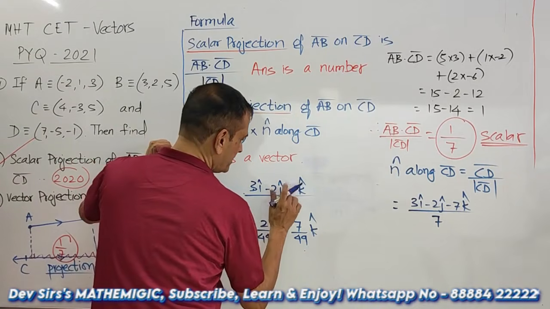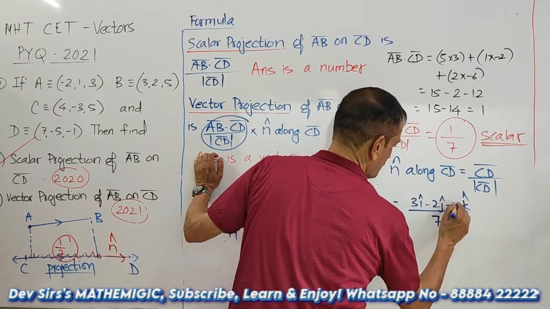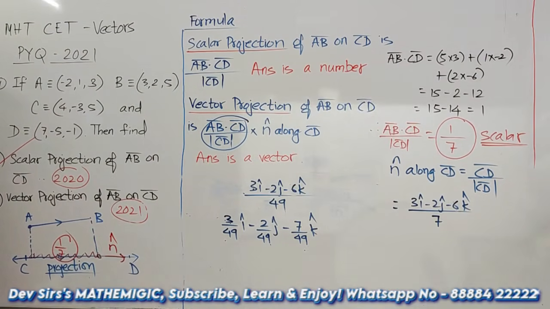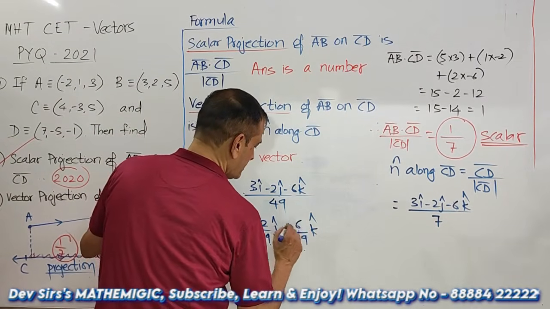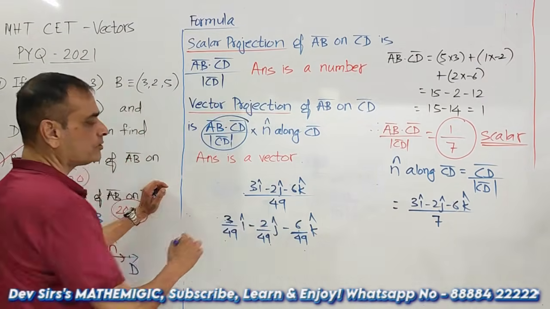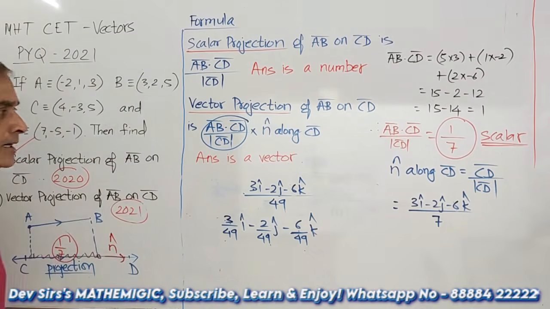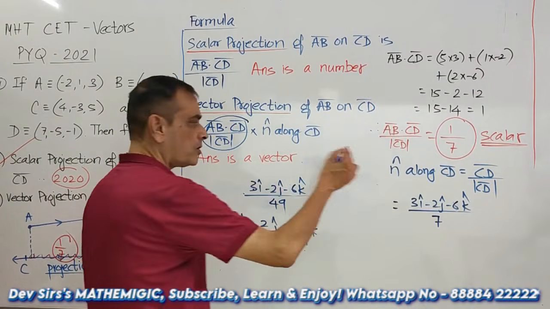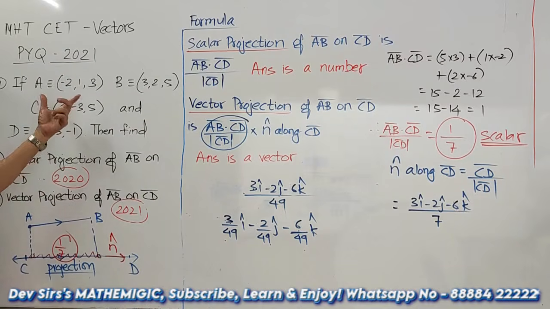By mistake I have written otherwise. So afterwards, just separate out this 49: 3/49, 2/49, 6/49. Vector CD and AB were already found when we saw these points over here.